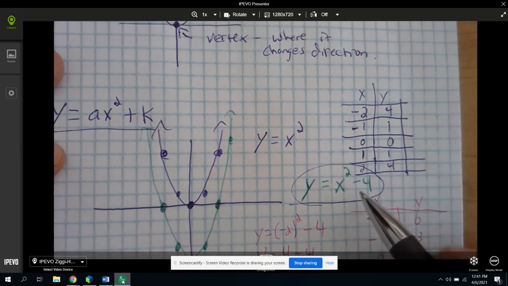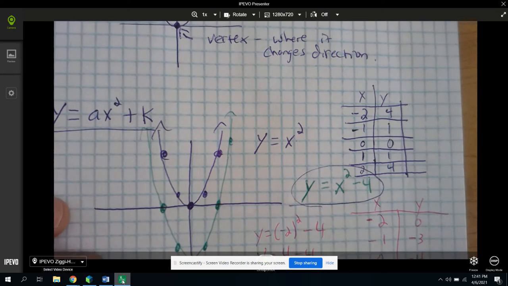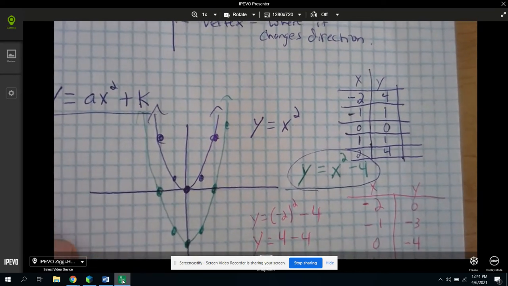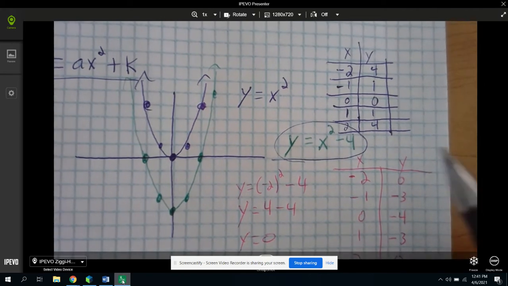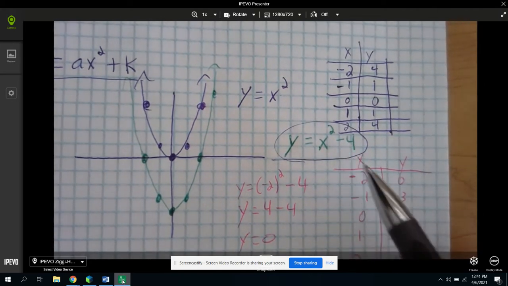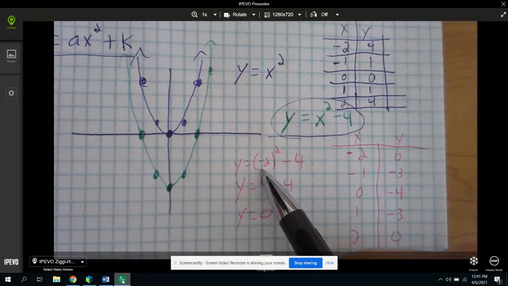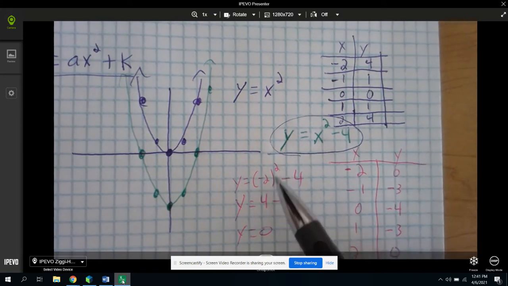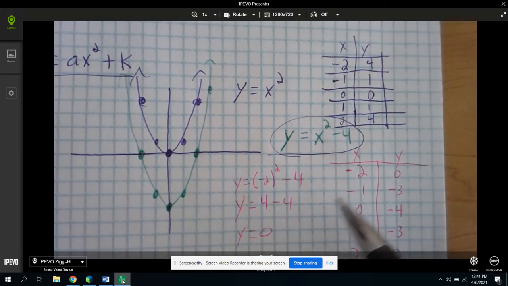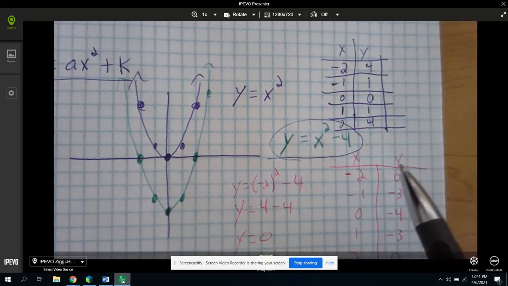Now when we take that same x squared but subtract 4 from it, we've seen this before, guys, when we talked about absolute value functions, where it had the V shape and it moved around. If I plug in -2 for x, just like we did for this one, -2 squared is 4. 4 minus 4 is 0. So my new point, instead of being at -2, 4, is now at -2, 0.